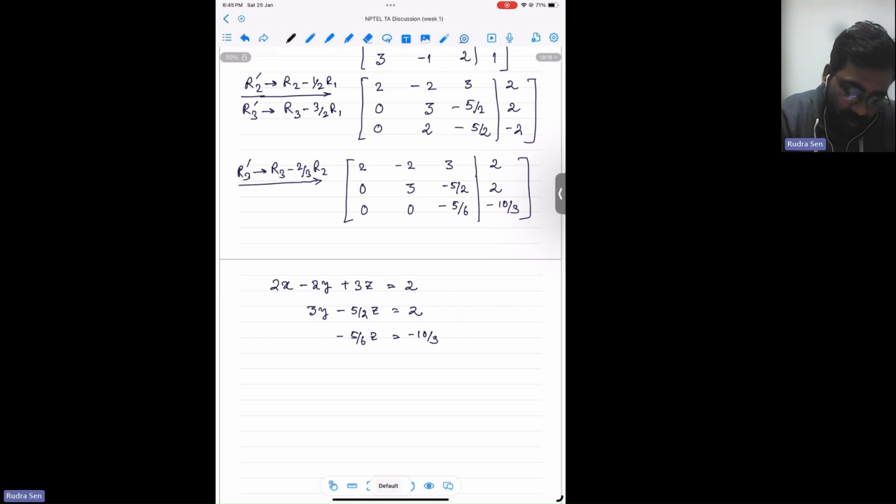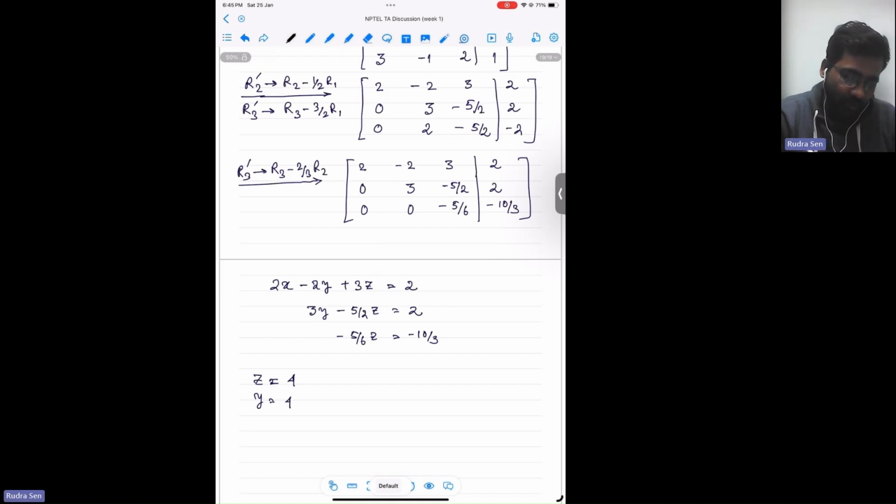So that means what we get? From the last equation, we get z equals 4, right? So put z equals 4, what we get? y equals, this is 4, that means 2, 10, 12, so y equals 4.